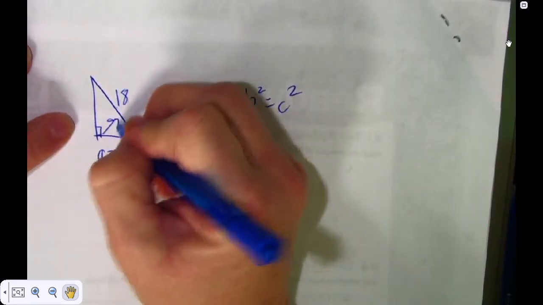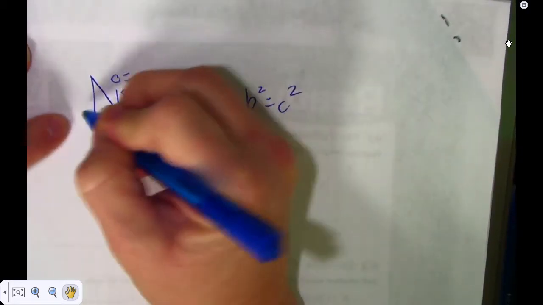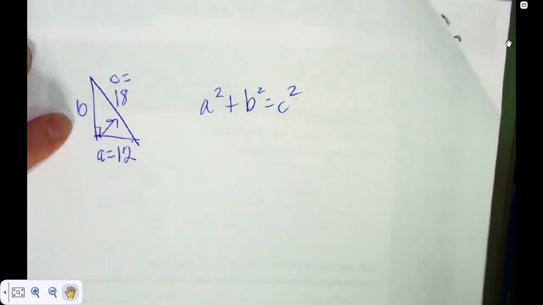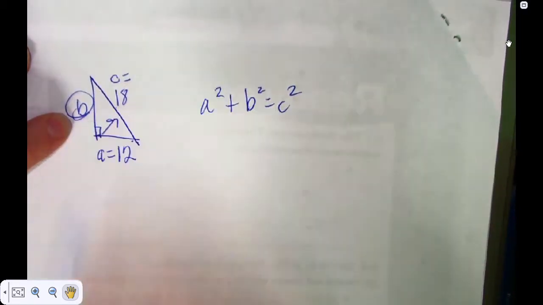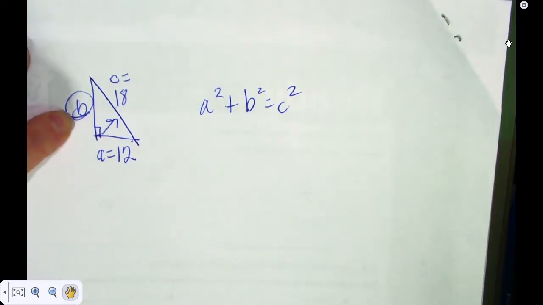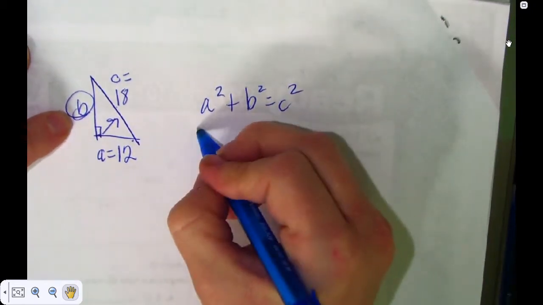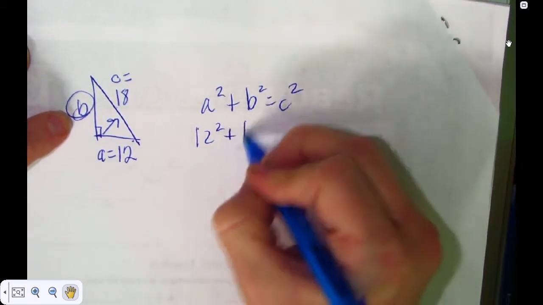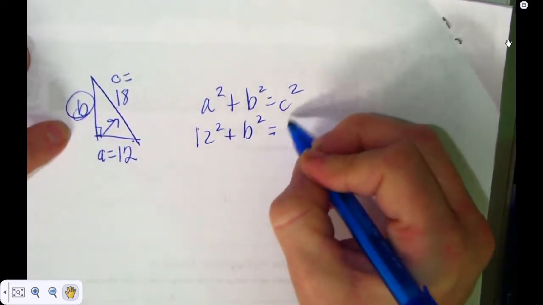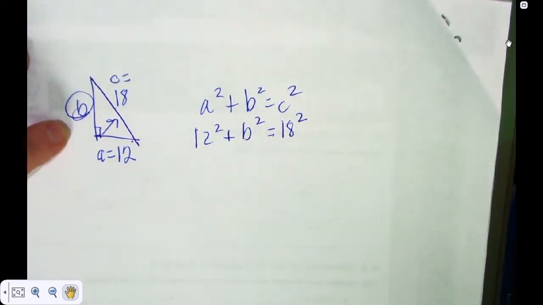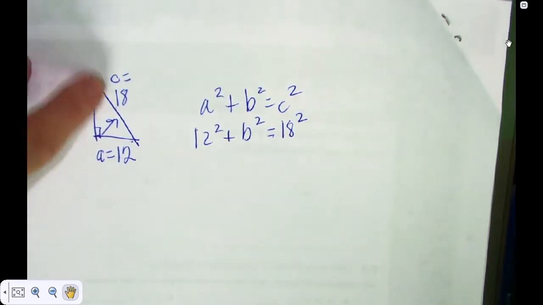That side, what? C. That is B. I'm trying to find B. So tell me what you write. 12 squared plus B squared equals 18 squared. Because C is 18.